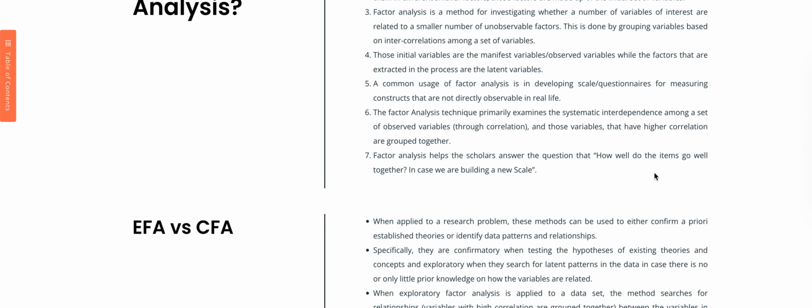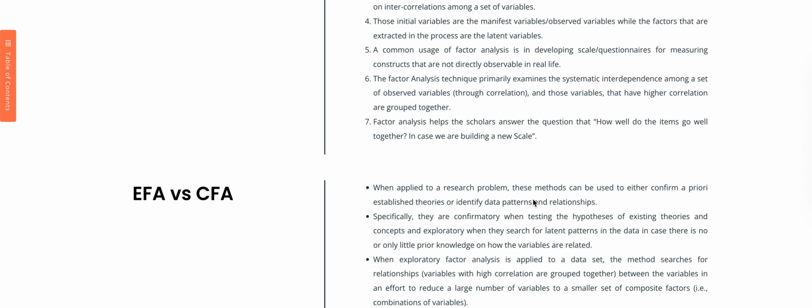Number 6, the factor analysis technique primarily examines the systematic interdependence among a set of observed variables through correlation, and those variables that have higher correlation are grouped together. Number 7, factor analysis helps the scholar answer the question of how well the items go together in case we are building a new scale.